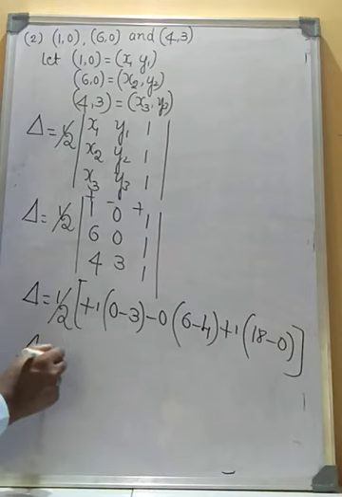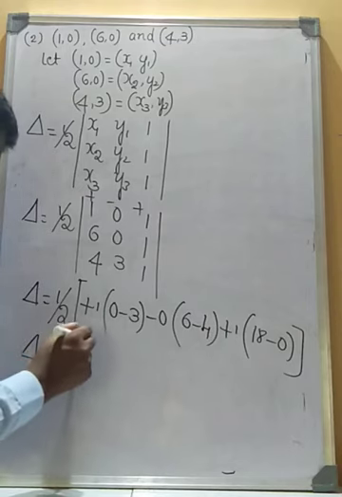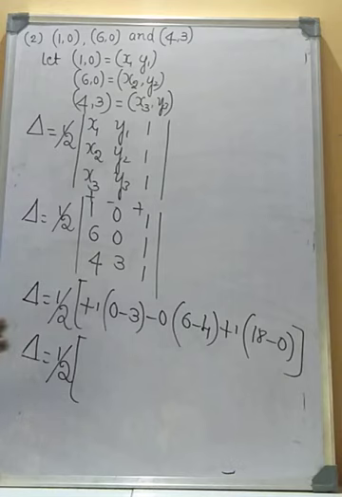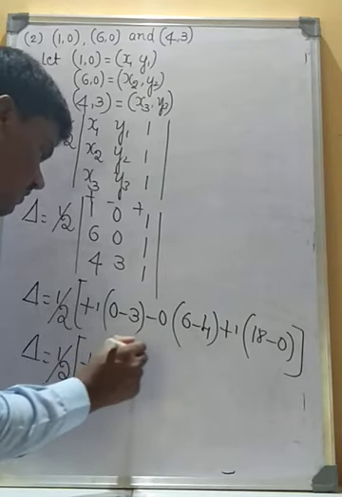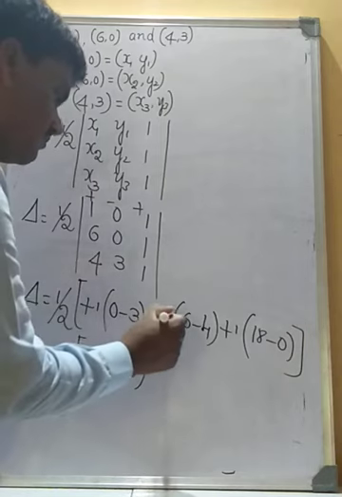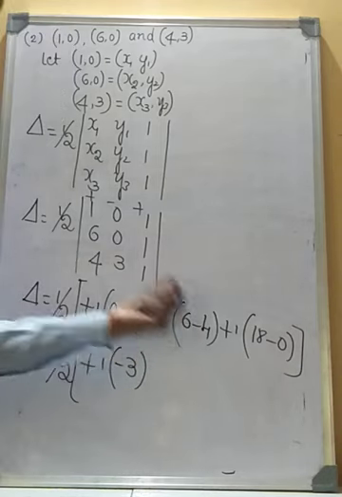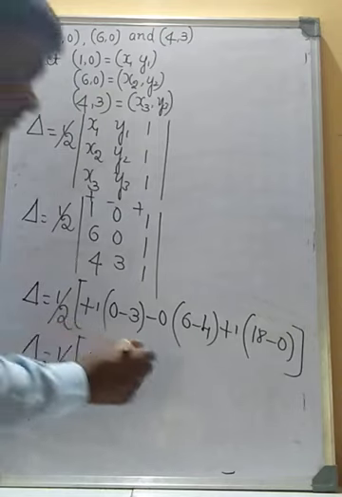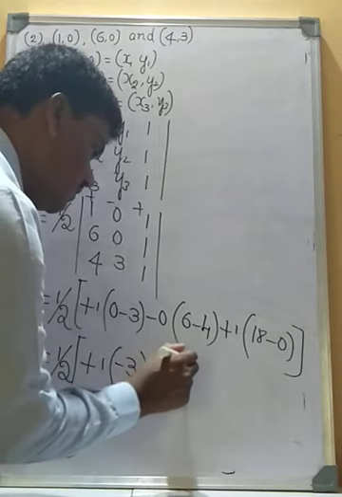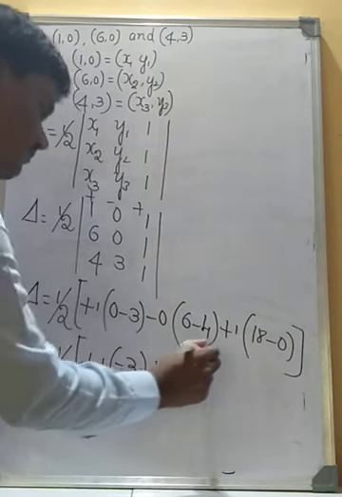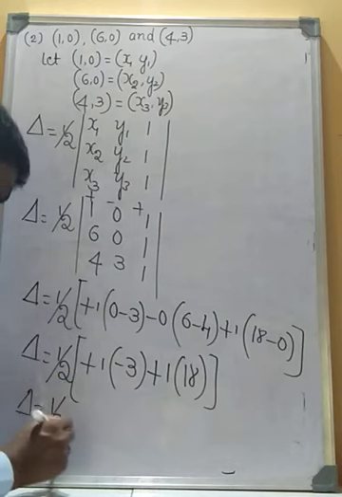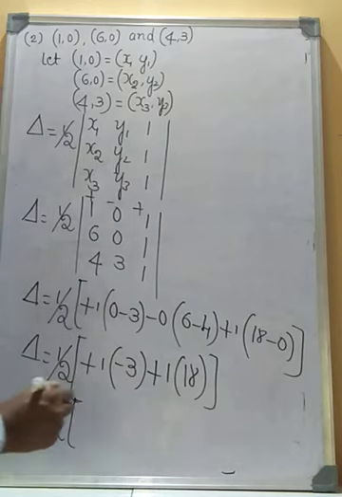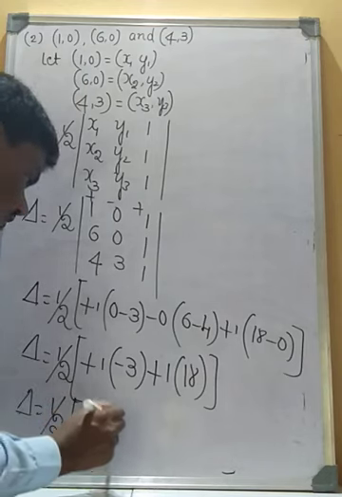Therefore delta is equal to 1 divided by 2 into plus 1 into (0 minus 3, which is minus 3), 0 into anything is 0, plus 1 into 18. Therefore delta equals 1 divided by 2 into (minus 3 plus 18).